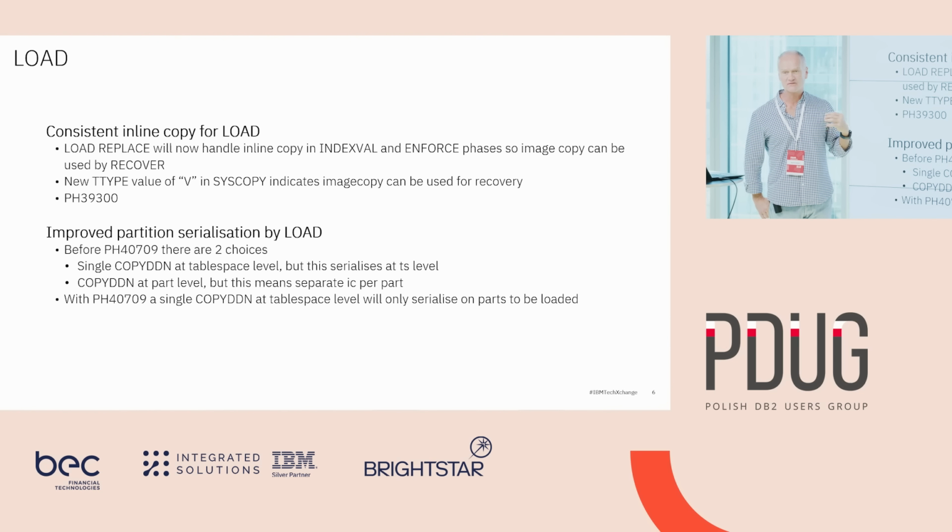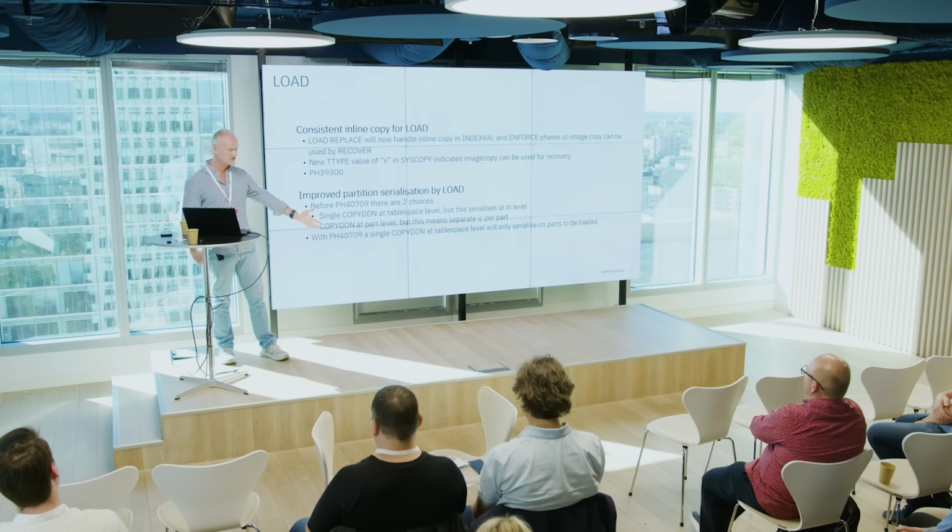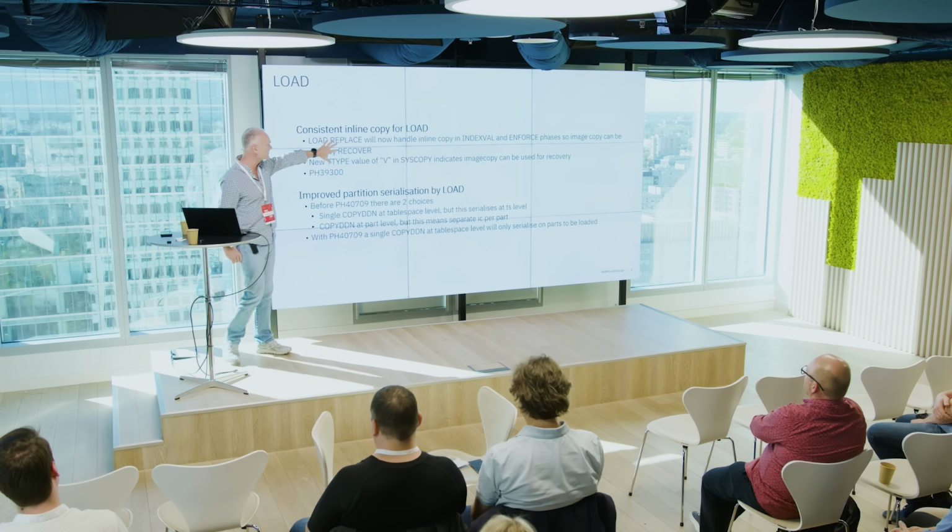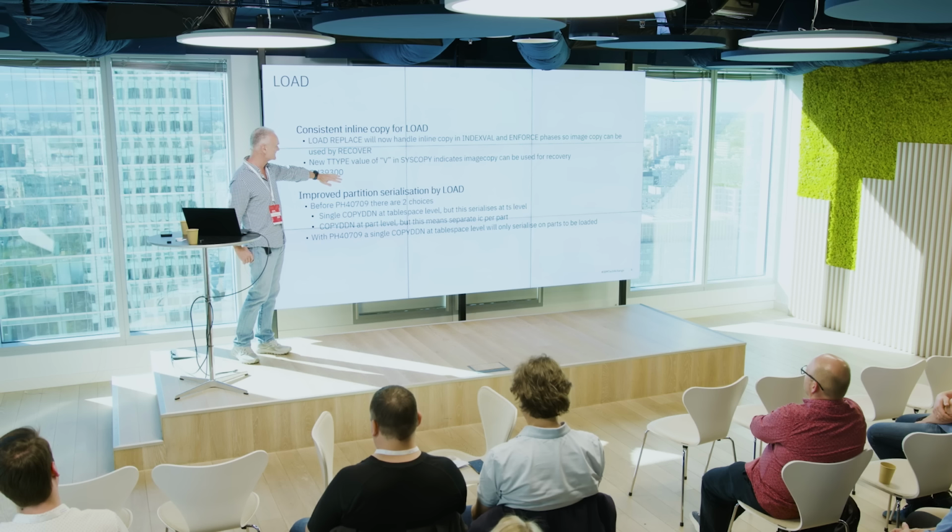As a result, the manual would say that the inline image copy dataset that we created for load could not be used for recovery purposes, which, to be perfectly honest, is the main purpose of having an image copy in the first place. So we fixed this now with this APAR. There's no parameter or anything like that.